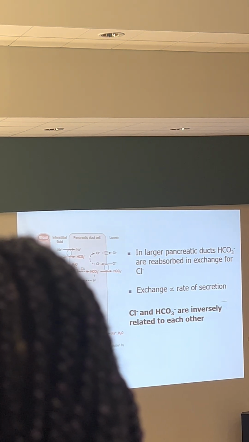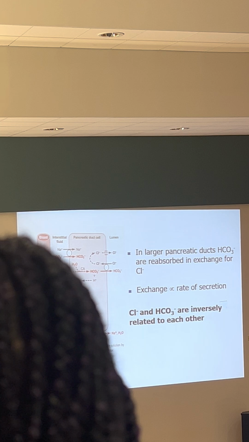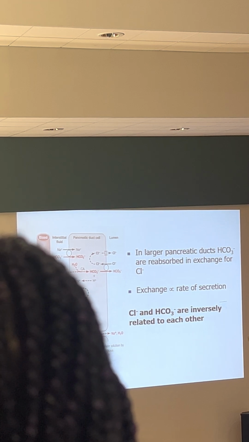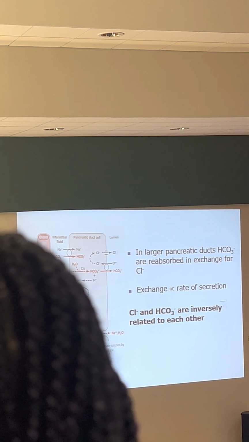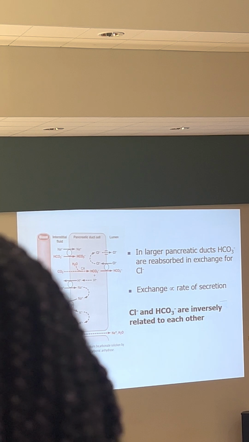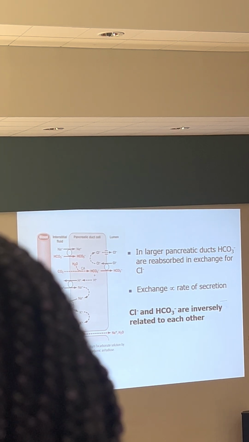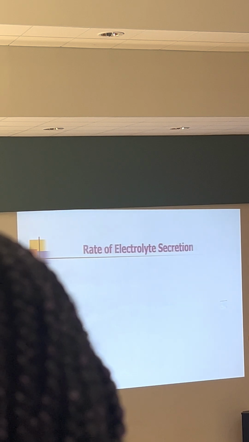Okay? So secretory rate is going to affect the amounts of bicarbonates that are actually secreted out. Usually when there's a stimulus, such as food, causing the release of various substances, in particular hormones, humoral factors, you're going to get increased rate of secretion, which is going to most likely increase your bicarbonate content.